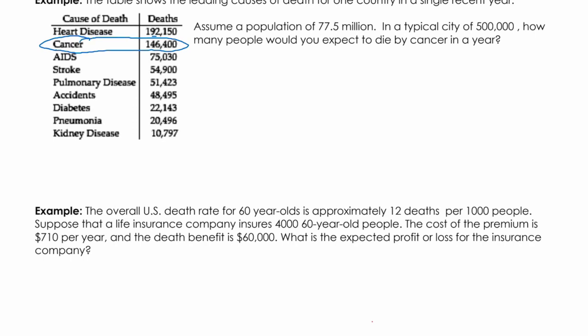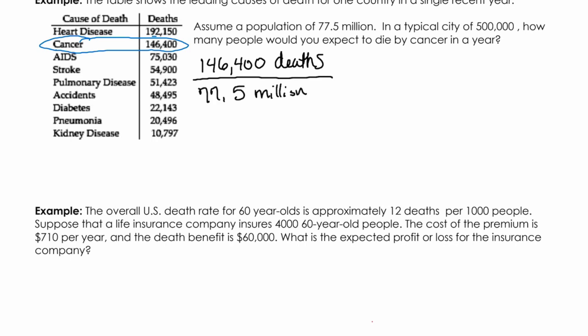It says, assume that the population is 77.5 million. So according to this table, 146,400 deaths occur out of that 77.5 million people. Now we want to figure out what that would be out of 500,000. We want to find the number of deaths due to cancer out of 500,000 people.